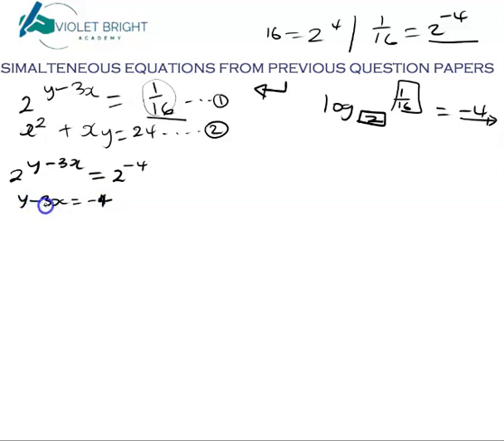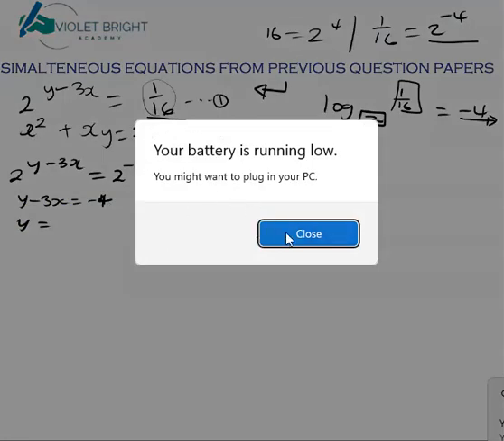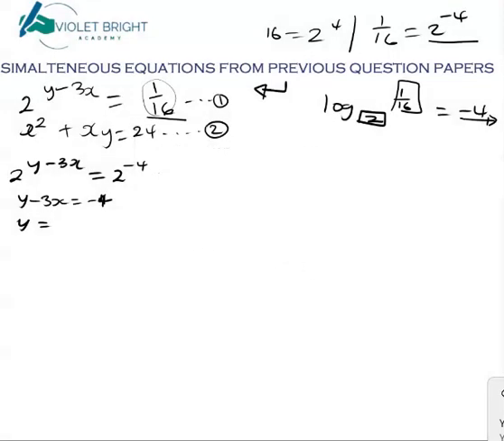So y minus 3x equals negative 4. Basically here you can just take 3x to the other side. So it will be y equals negative 4 plus 3x.